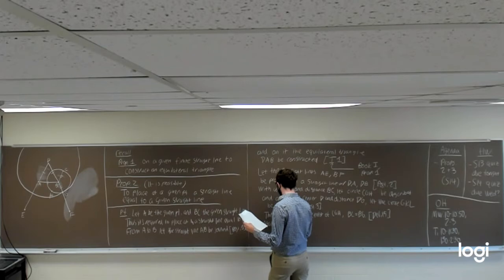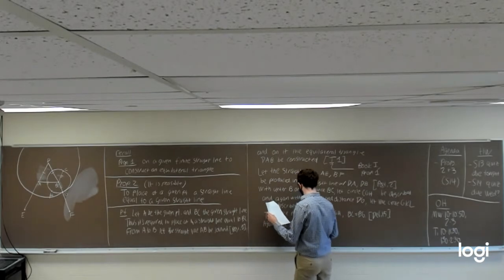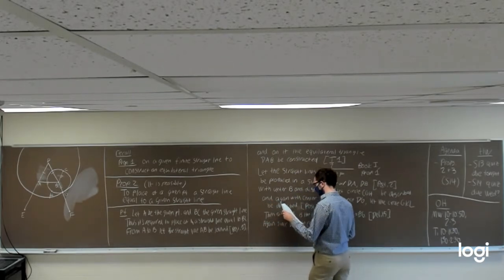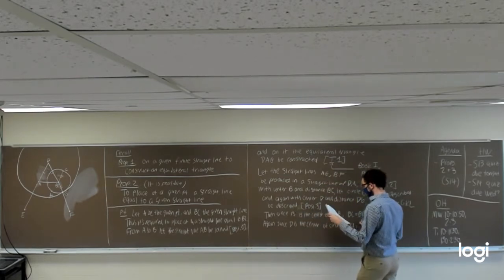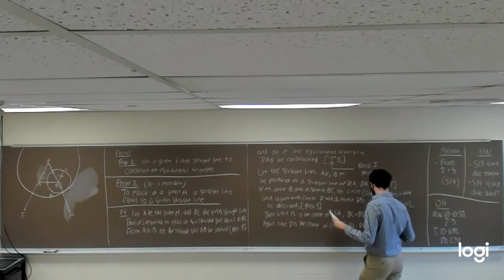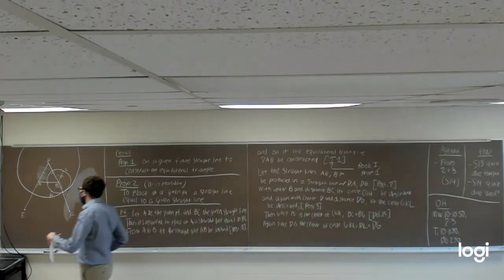We can also compare two other lines. We can say that since D is the center of circle GKL, DL is going to be equal to DG. I forgot to label my points.